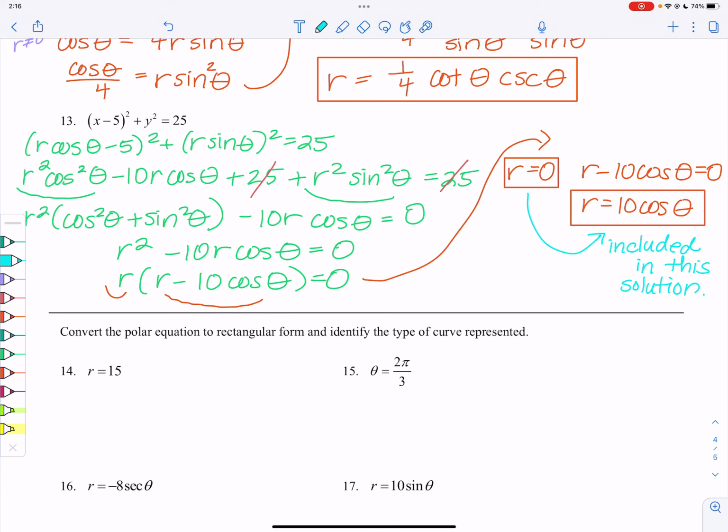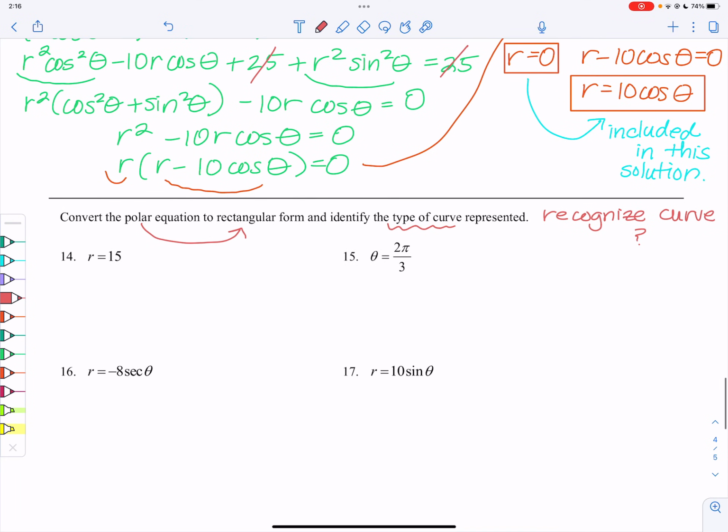Okay, now let's convert the polar equation to rectangular form and see if we can identify the type of curve represented when we see our rectangular form. Do we recognize the curve?